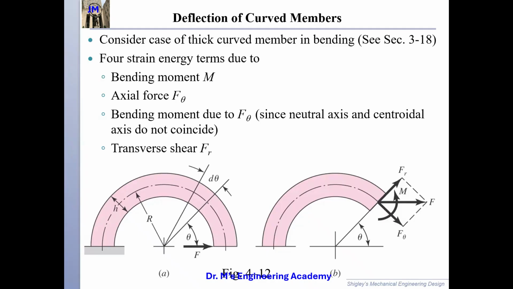How different? It depends upon the curvature of the curved beam. So this F theta is decomposed from this F. Because the neutral axis and centroidal axis are different, if you have F theta, you will have another bending moment because of it.